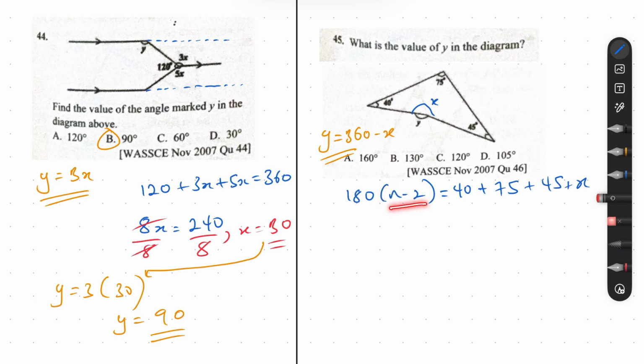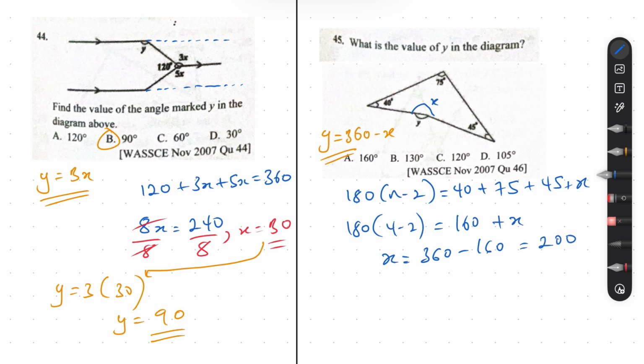So n is 4. 4 minus 2 gives us 2. So we have 180 times 2, which is 360, equal to 45 plus 75 plus 40, that is 160, plus x. So we have our x to be equal to 360 minus 160, which is 200.